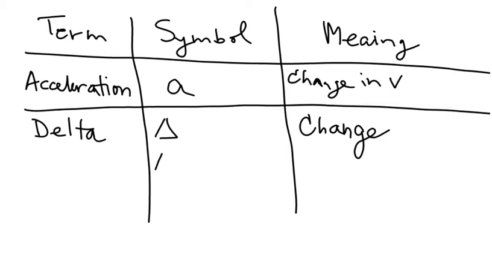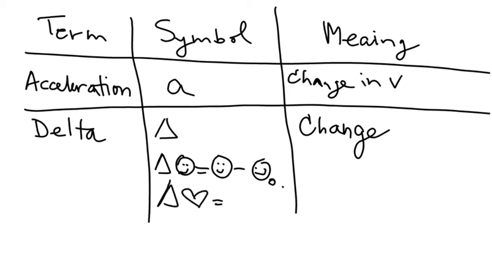To help you remember, this guy is changing mood, so it's his final mood minus his initial mood. I put a little 0 to indicate this is his starting mood right here. Or if you had a change of heart, it is your final heart minus your initial heart. This triangle always has to come before something else, and it always means final minus initial.